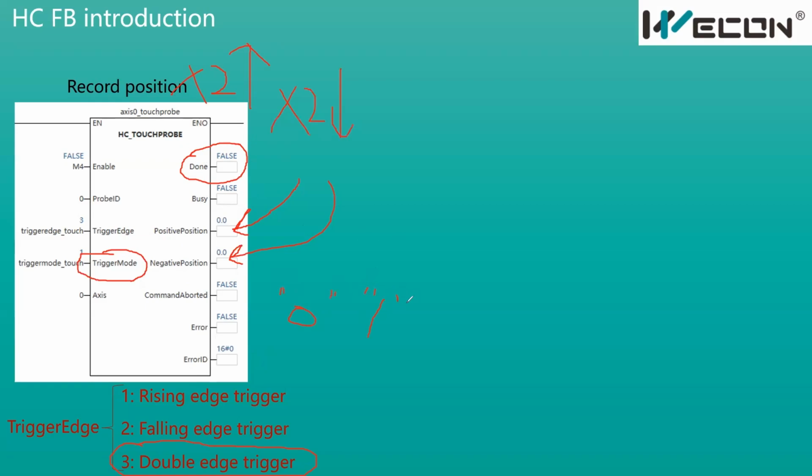And for 1, if we set this trigger mode as 1, it means continuous recording. So when we get the X2 signal, this function block will not change to done status. It will continue to record the position. Okay, so this is the difference about trigger mode.